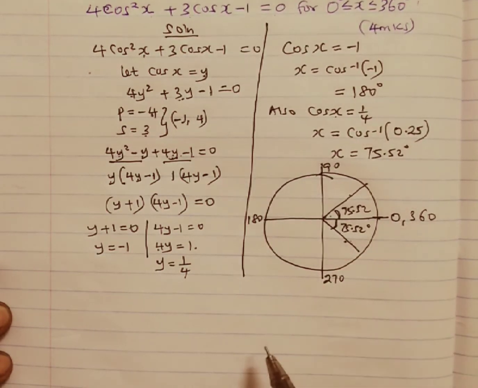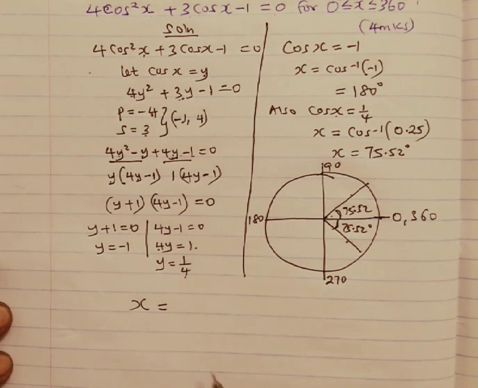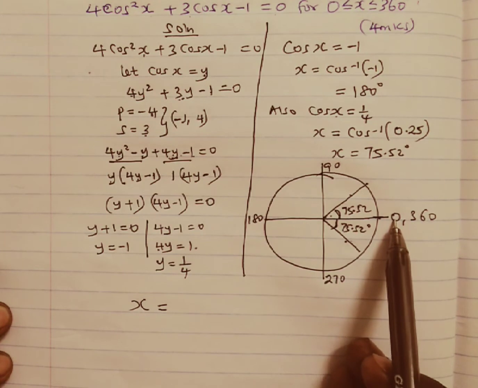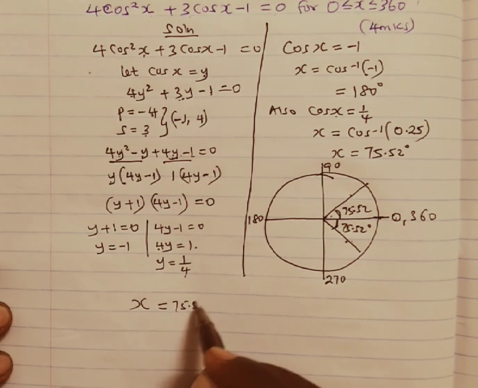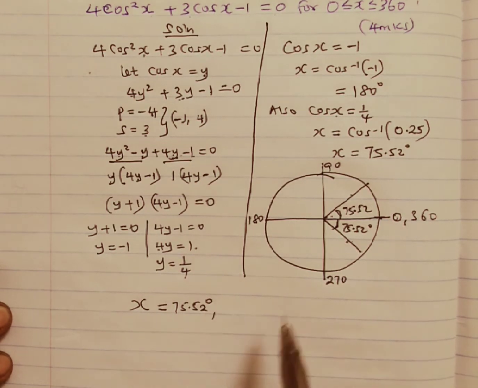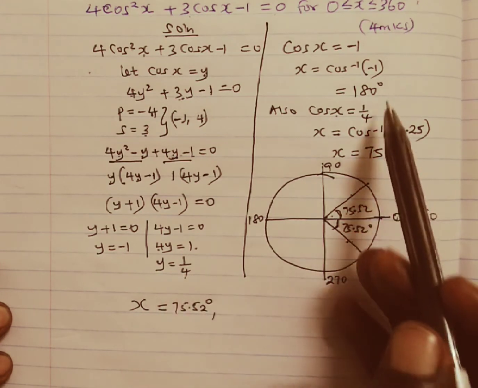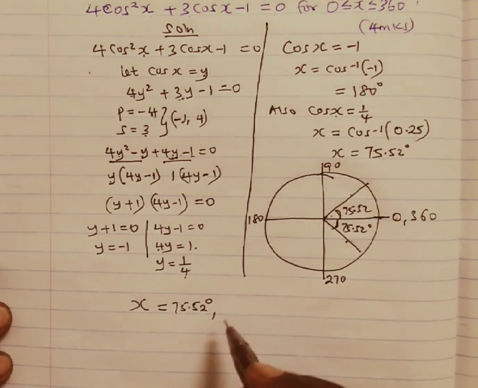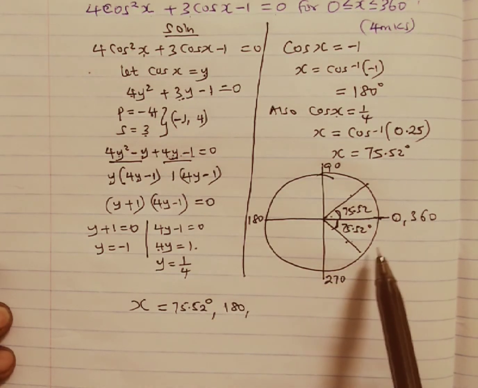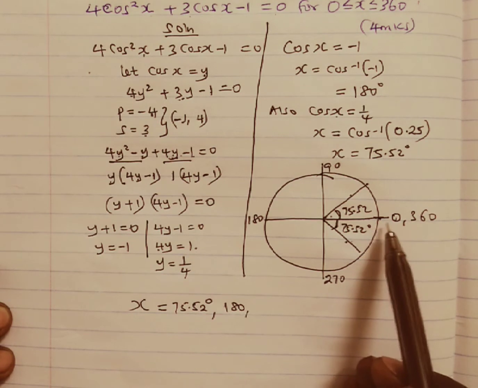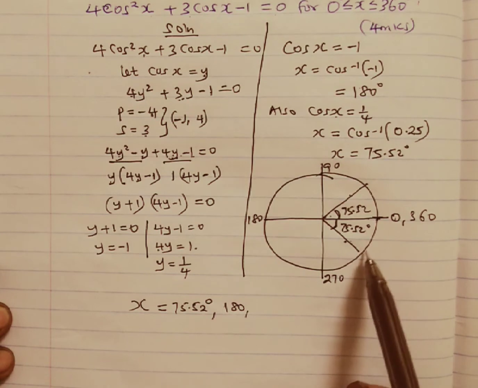So the range of values of x is as follows. The first angle we measure from 0 is 75.52 degrees. Another angle is 180, because we have already said x is 180. Another value of x is found by measuring this angle in the fourth quadrant from the x-axis going this way.